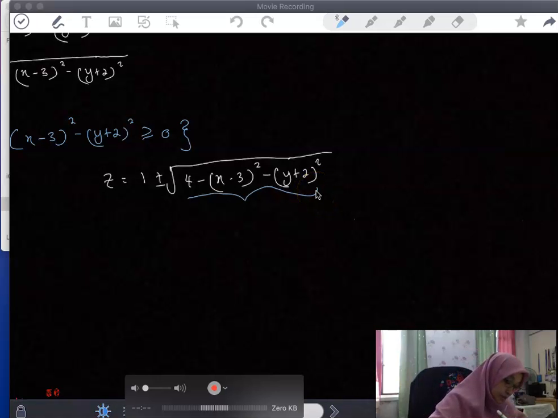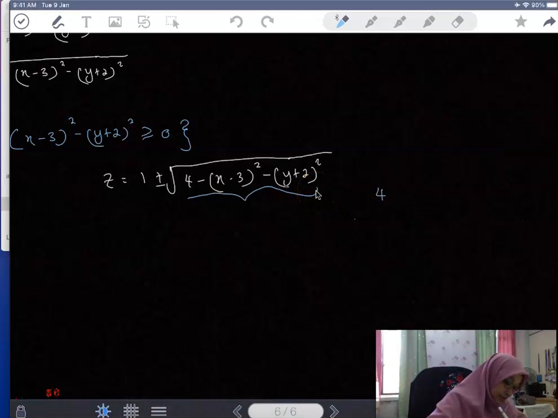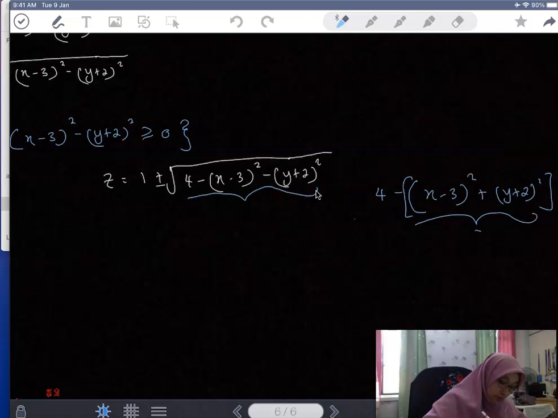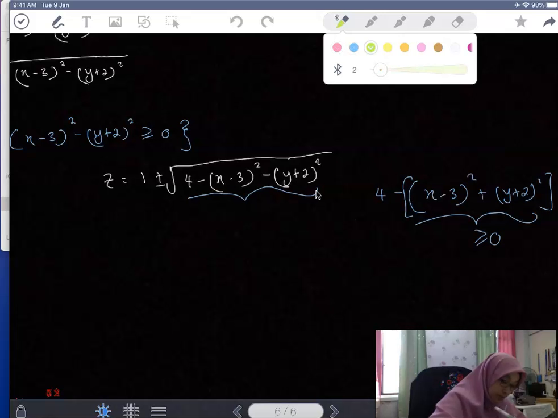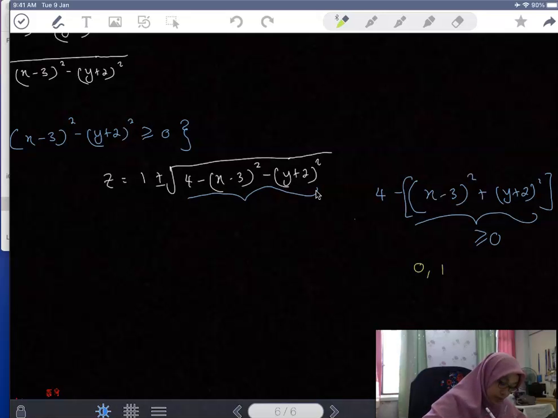So we have 4 minus, and I factorize, we can factorize (x minus 3) squared plus (y plus 2) squared. So this one is always positive. So the possible value for that is 0, 1, 3, 4, 5, and so on.